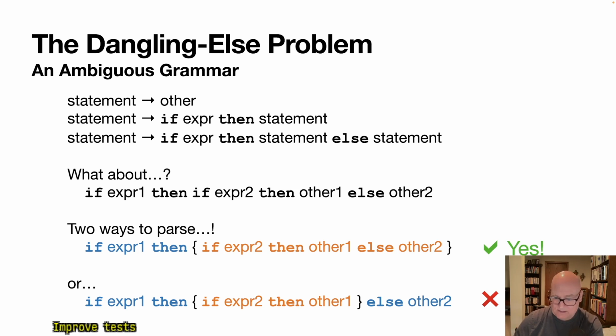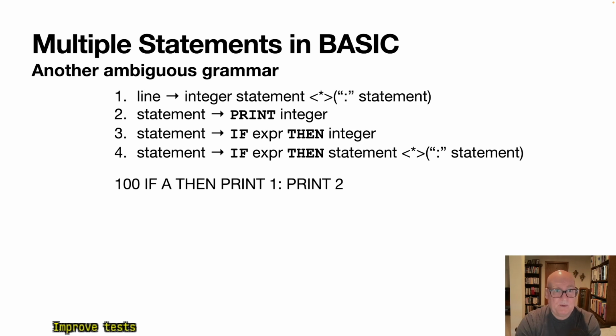And there's another example that came up with our BASIC interpreter. You may not be familiar with BASIC. You may not wish to be, but a line starts with an integer, and then it has a statement, and then 0 or more extra statements, colon statements. So colon's the separator in BASIC instead of semicolon.